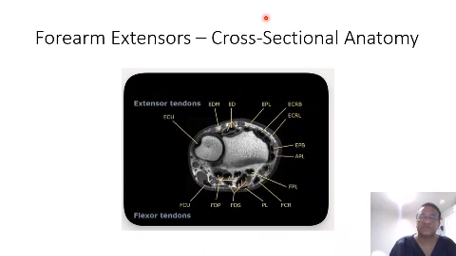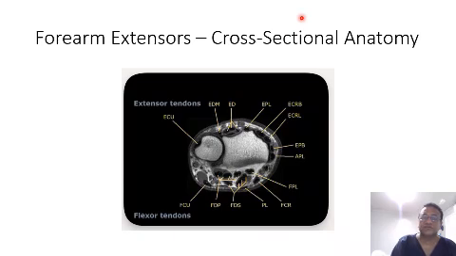They also form the lateral border of the anatomical snuffbox. Their proximity to the radial styloid makes them vulnerable, as we mentioned earlier, to an inflammatory condition called de Quervain tenosynovitis. It's a common overuse syndrome.